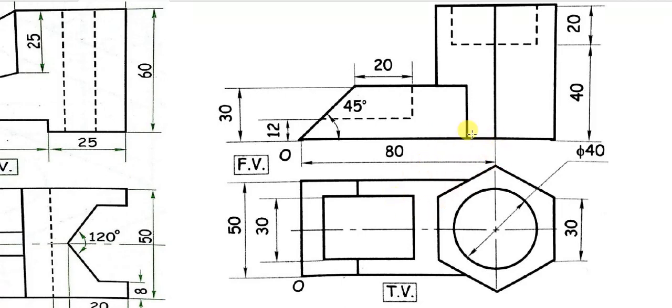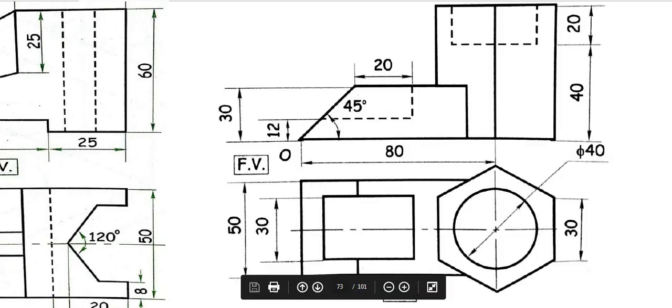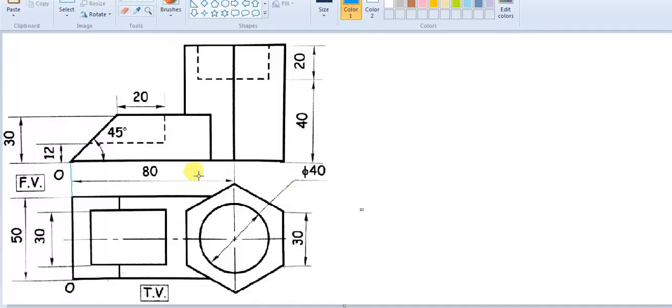So let us try to understand the problem using graphics. I have already copied the problem for understanding. Now let me draw the segments for a better understanding. So that is how our problem is divided into multiple segments.